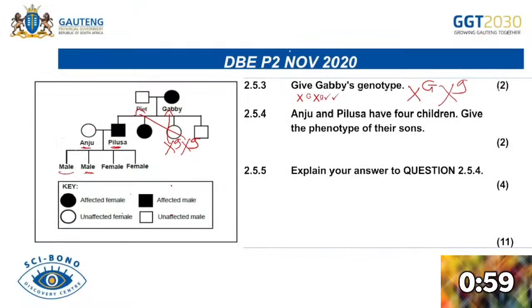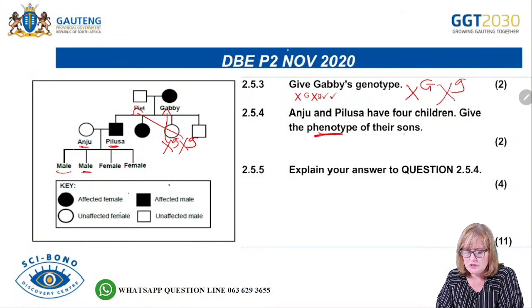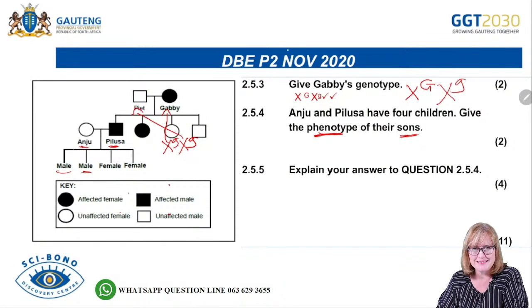Okay, I hope you didn't slack off now, start sleeping or ran away or something like that, that you actually tried this. But let's have a look at what happened here. So we want to know what is the phenotypes of their sons. All right, so we want to know what they look like. Remember, this is a dominant illness, dominant. So let's look at the mother. The mother is unaffected, which means she cannot have the dominant allele. She cannot have it because she's unaffected.